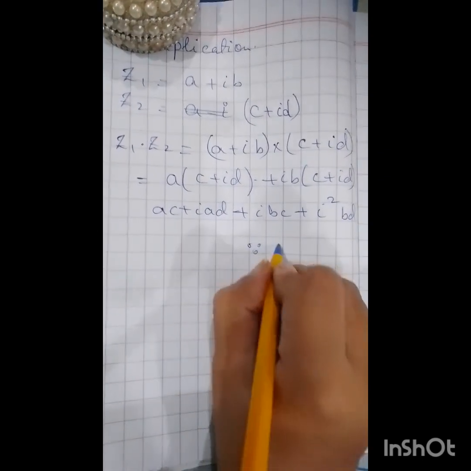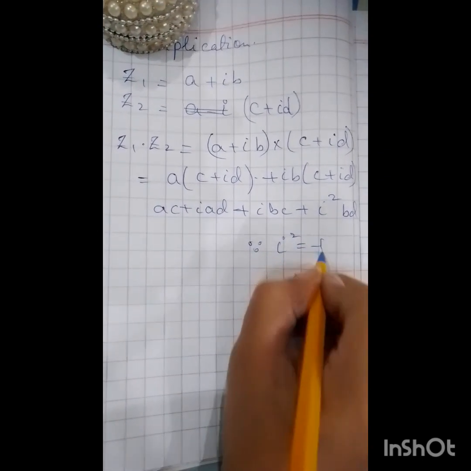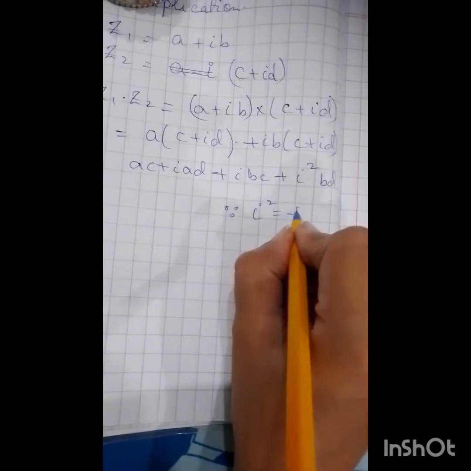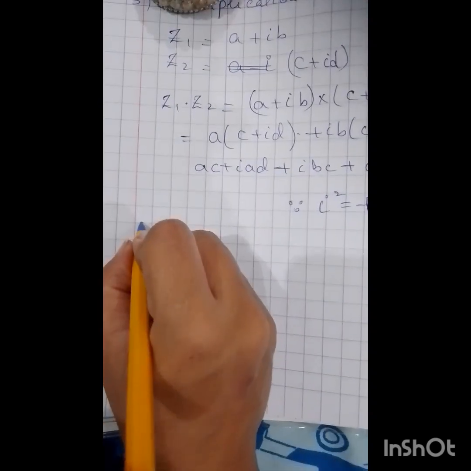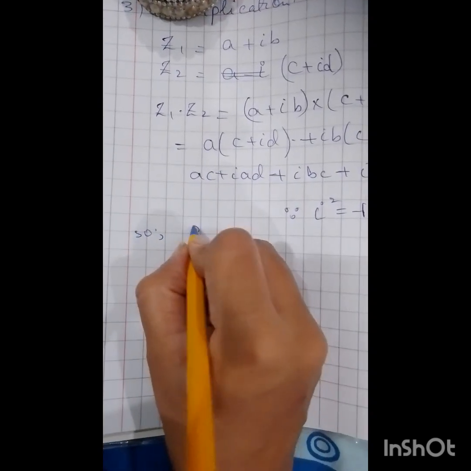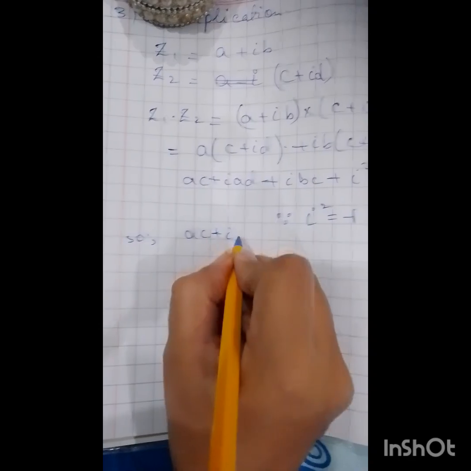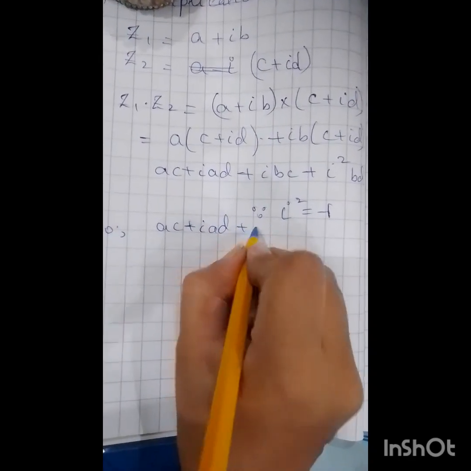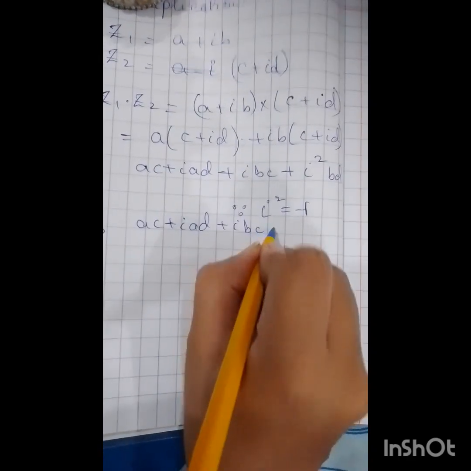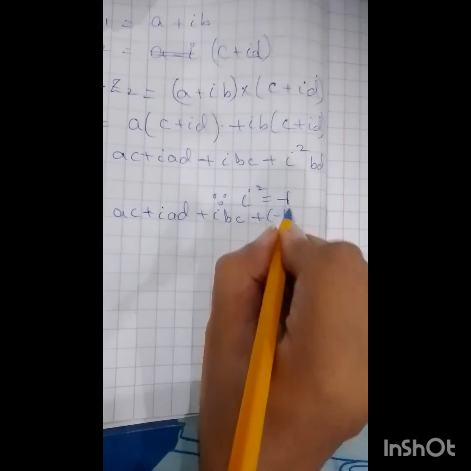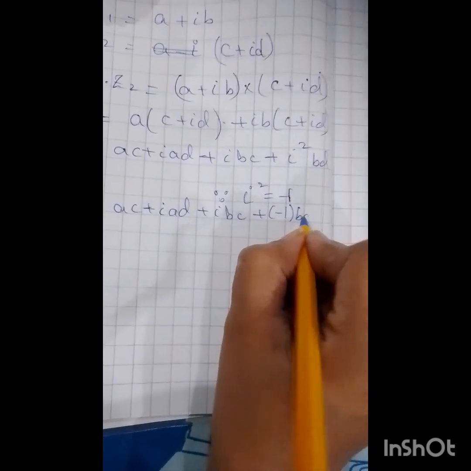Iota square is equal to minus 1, so putting the value of minus 1 in place of iota square, we will get a different operation sign: minus 1 bd.